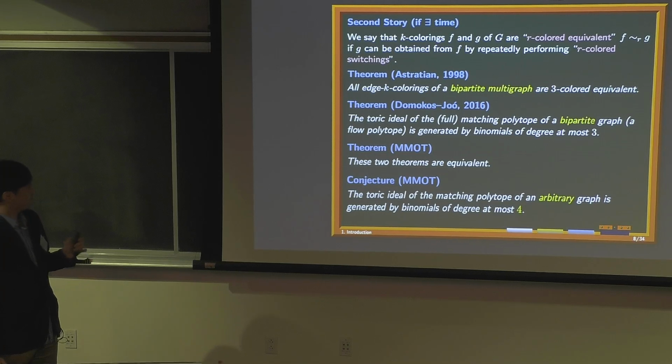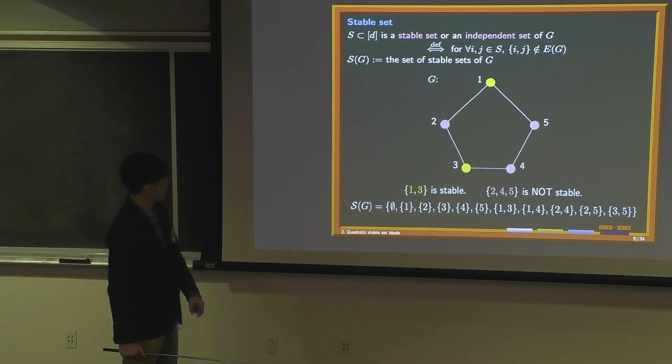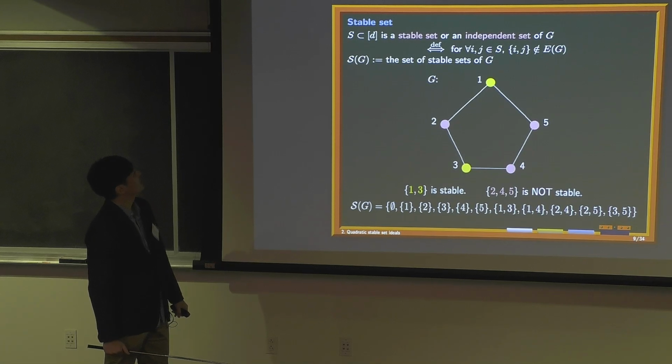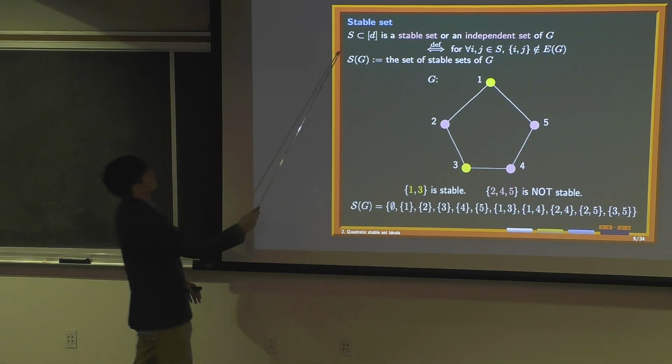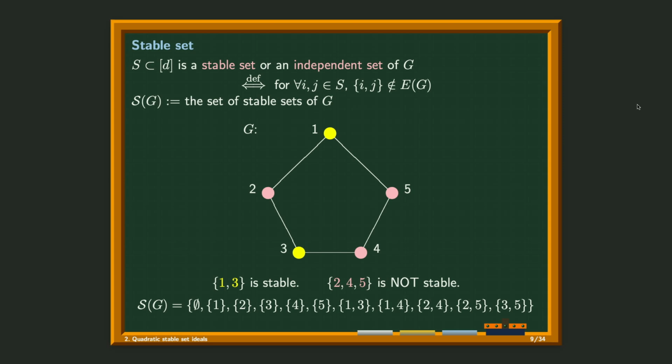Okay. So first I introduce the main algebraic object, the stable set ideal. A subset S of the vertex set of a graph is a stable set, or an independent set, if for each ij which is not an edge of G, then for any two vertices in S, these two vertices do not form an edge.